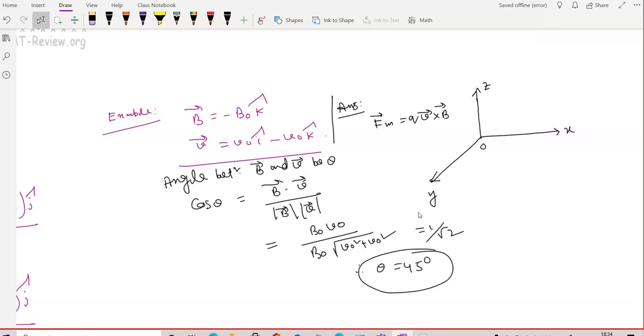Let us find it, because the magnetic Lorentz force is this. Fm will be q times V cross minus B0 k. Check once what is happening there. Fm is going to be what?